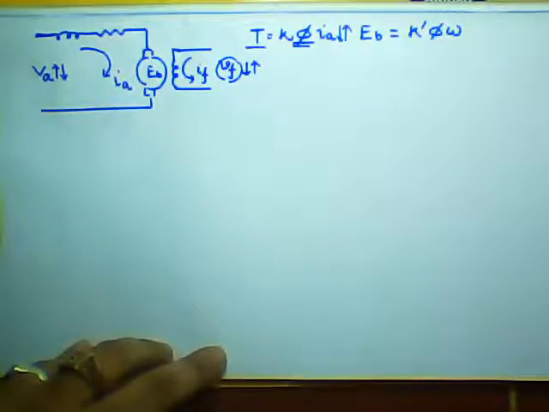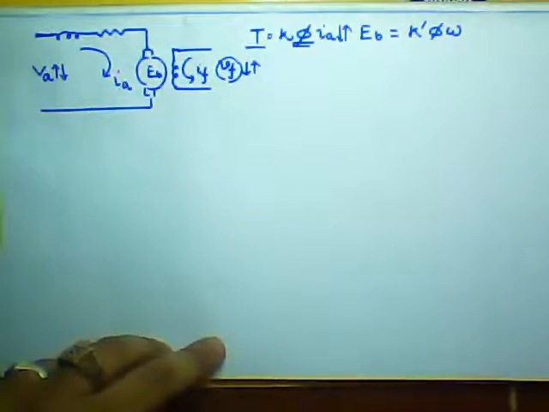So basically, for the torque control and the flux control in a separately excited DC machine, we get two electrically isolated circuits, but the same thing is not possible for an induction machine.